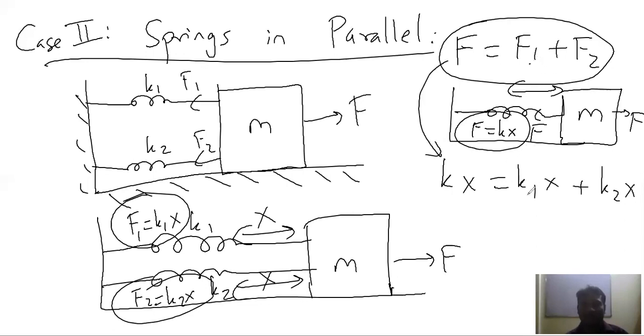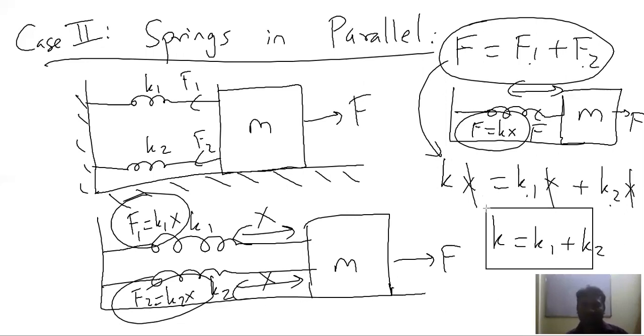Instead of F1, I have K1x. Instead of F2, I have K2x. So x cancels on both sides and we get K is equal to K1 plus K2. So our expression for springs in parallel comes out to be K is equal to K1 plus K2.